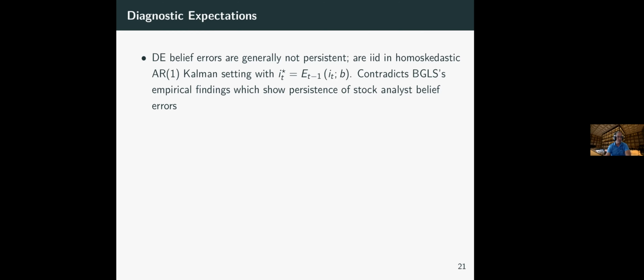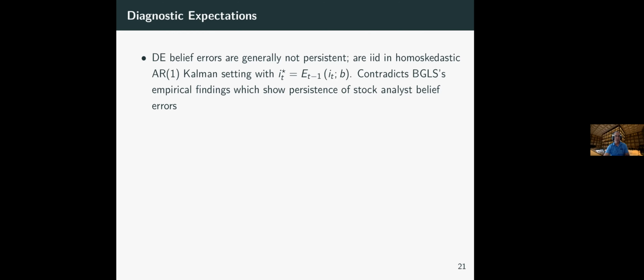So there's zero persistence in belief errors in DE. And this zero persistence actually contradicts Bordalo, Gennaioli, La Porta, and Shleifer in the paper Diagnostic Expectations of Stock Returns. They empirically measure this with stock analyst forecasts and look at the persistence of bias of analysts' long-term forecasts, and they find persistence, which is contrary to the simplest version of diagnostic expectations.